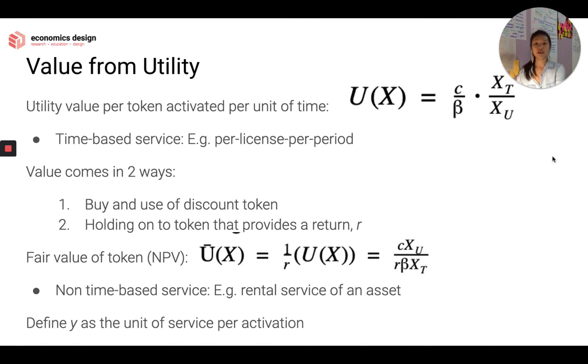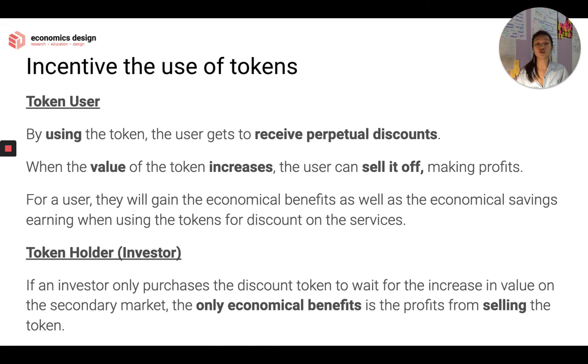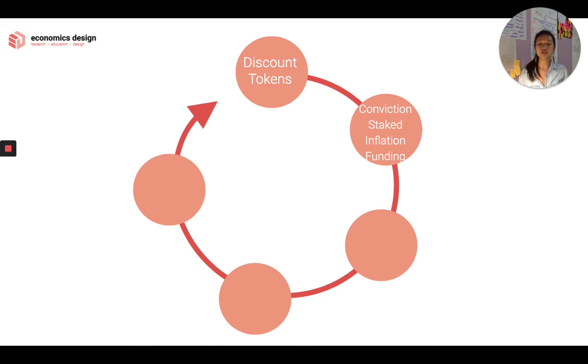Because in the previous slide here, the value of tokens comes from the utility of the tokens. So how many tokens are being utilized and then you get the value from that. So you want more people to use the tokens. That's why we are having all these concepts and just formalizing them in math models. So that's the general gist of discount tokens.